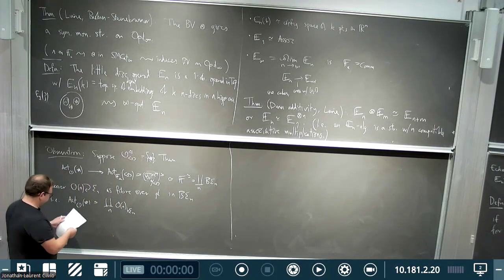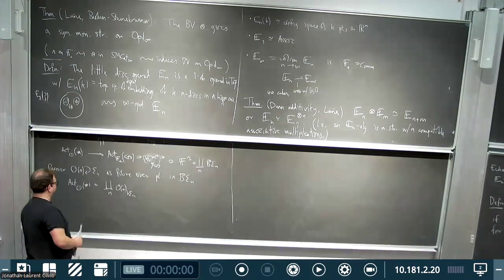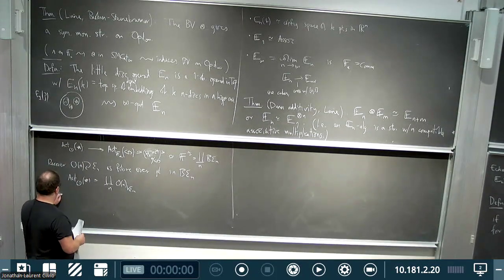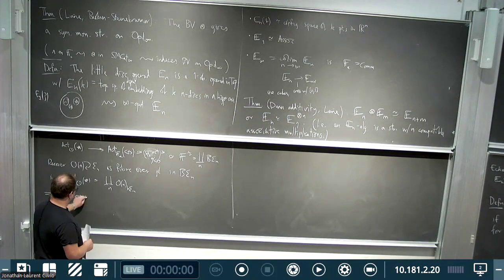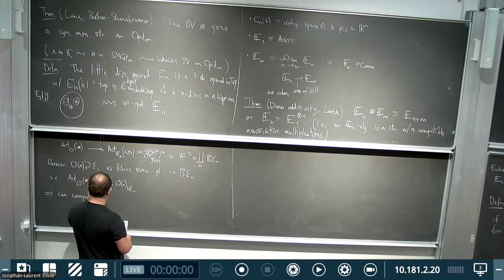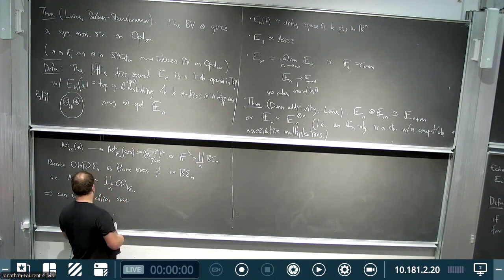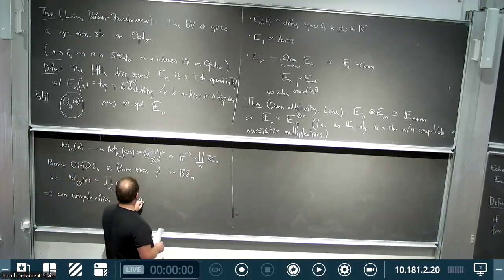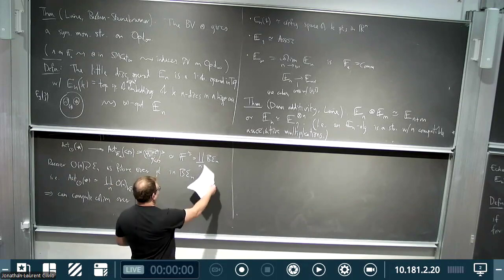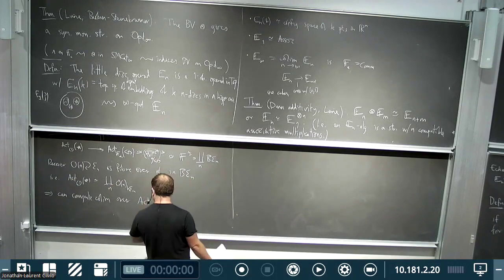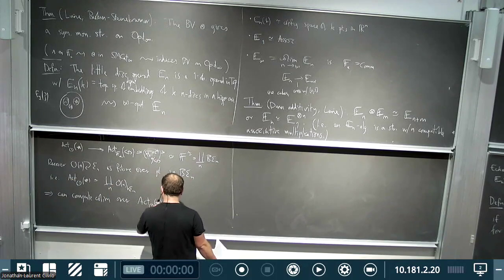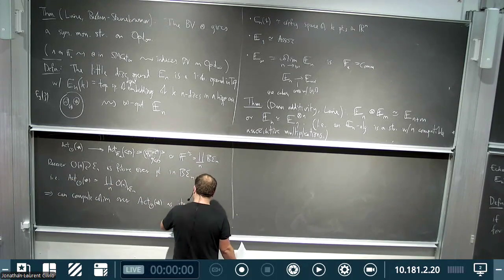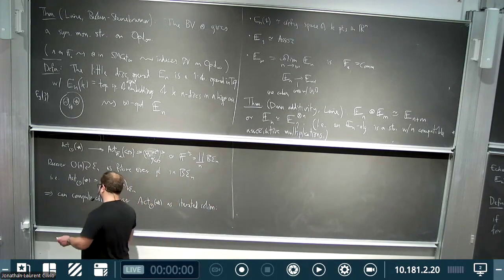So I can compute a colimit over this by writing it as an iterated colimit using this map to the product of the B sigma n.